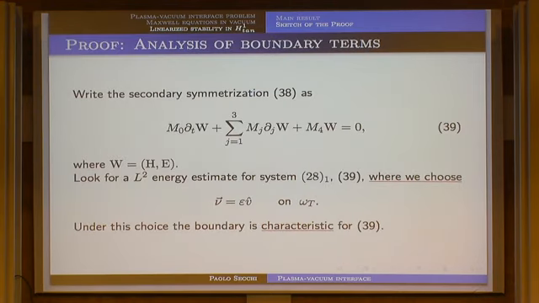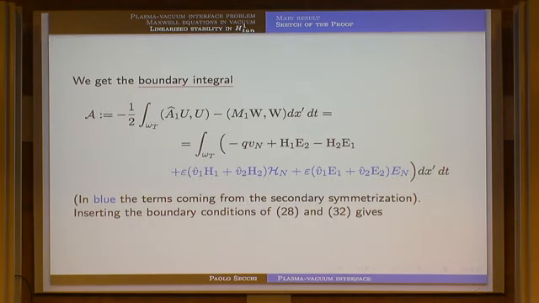And this is more convenient, as we can see when we analyze the boundary terms. If we write the new system, the secondary symmetrization, in this form here, we make this choice of the vector nu, which has to be less than 1 in modulus, and this is one condition that I show in the theorem.